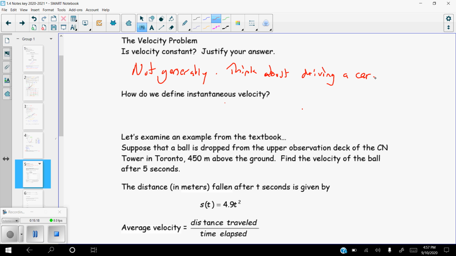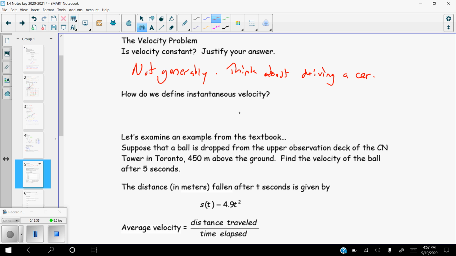Even if you set cruise control, while it does its best to maintain that speed, it's going to fluctuate up and down. You set your cruise control for 60 miles per hour, it's going to slow down below 60, it's going to speed up depending on traffic, depending on the roads, the incline, all that kind of stuff.